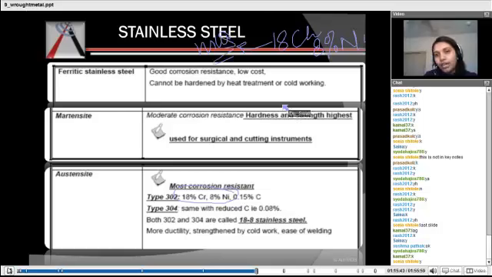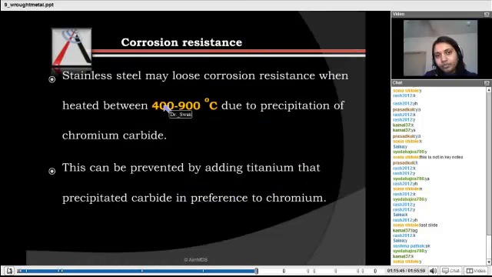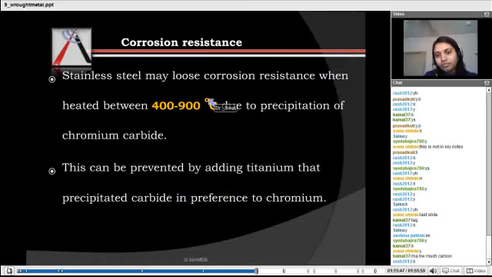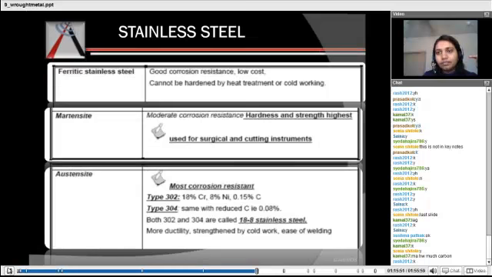This is important, and this is an MCQ. They are more ductile and all that. How much carbon is in it? Come on.